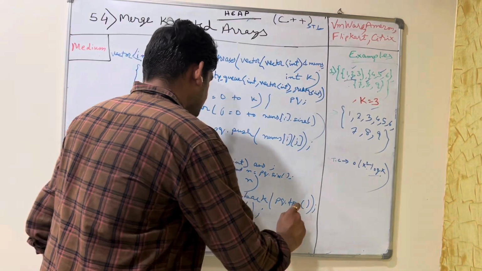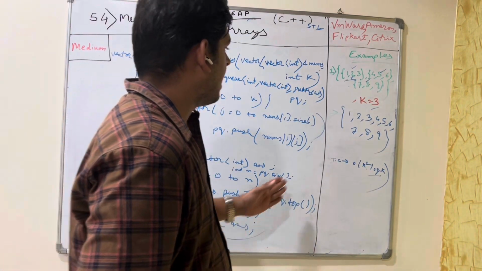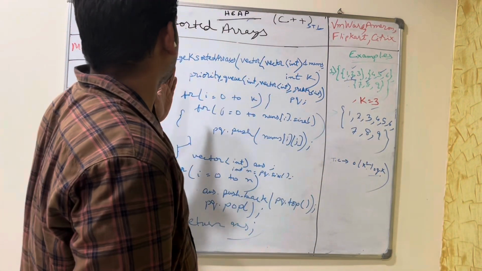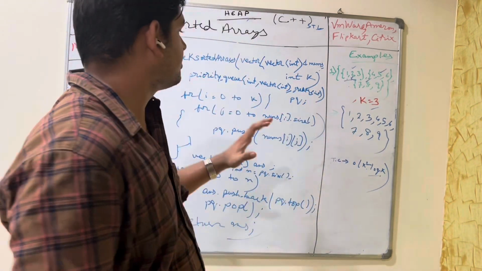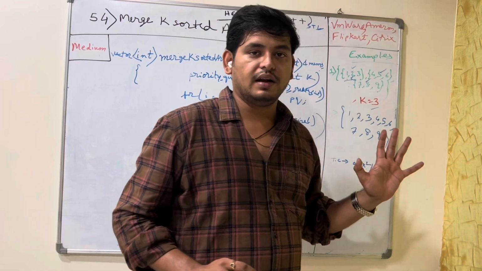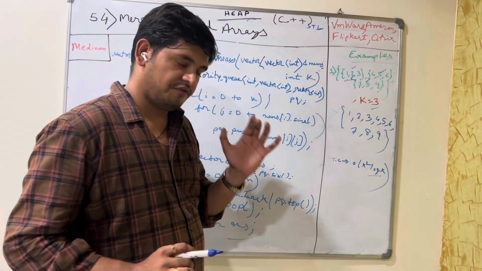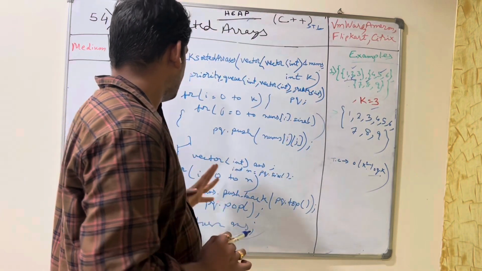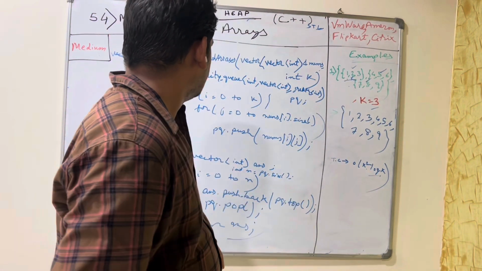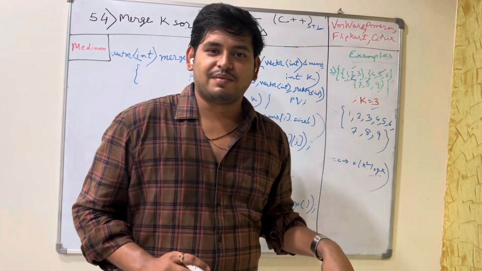So this answer will have the k sorted arrays merged, as a sorted array. I hope the explanation is clear, and the link to the question has been given in the description.